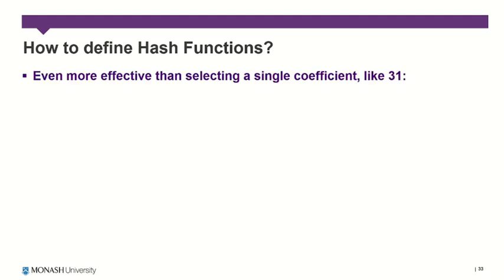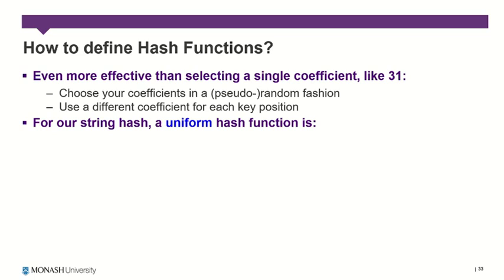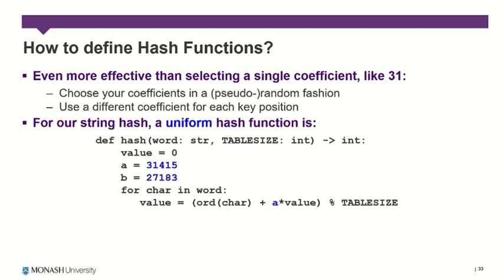Alrighty, so how do we define a hash function? To summarize all this, even more effective than selecting a single coefficient like 31 is to choose coefficients in a pseudo-random fashion. Use a different coefficient for each key position. So let's look at our example again. Like before, we're going to have A, which is going to be our initial base or initial coefficient that we multiply each value by, but rather than keeping A the same each time, we're now going to multiply by a different prime, B, so that it updates its value.